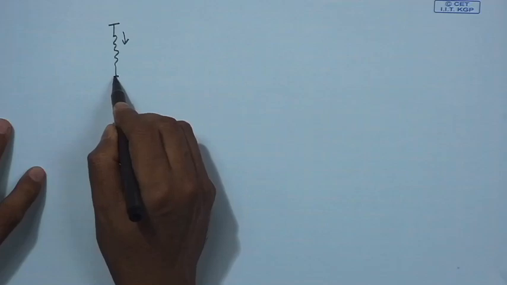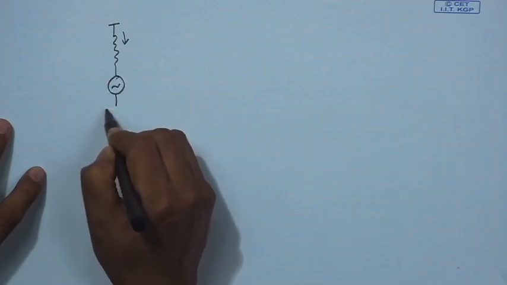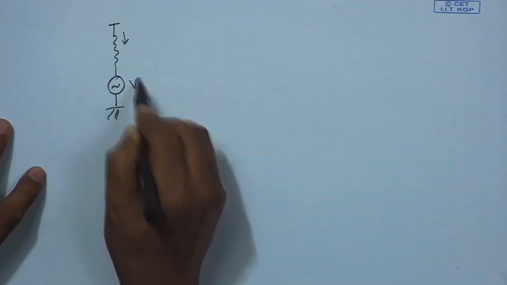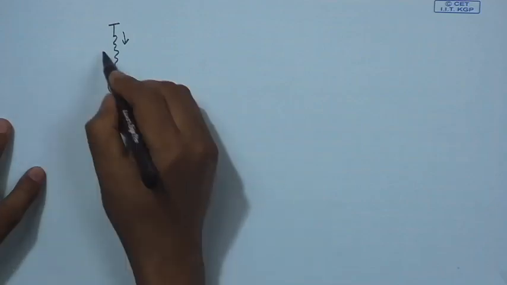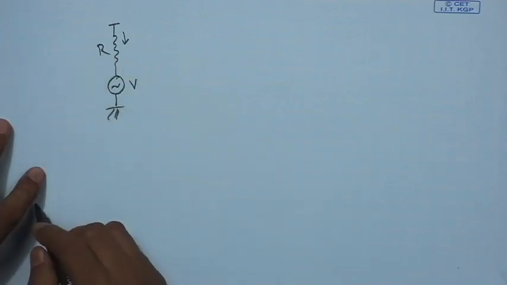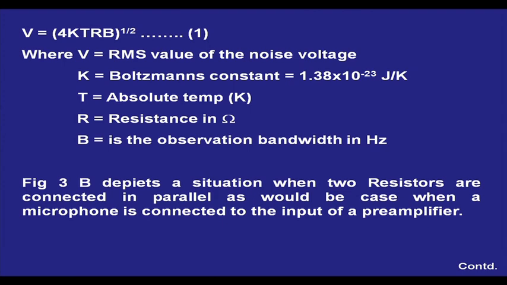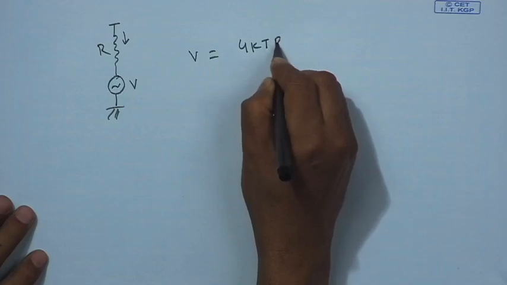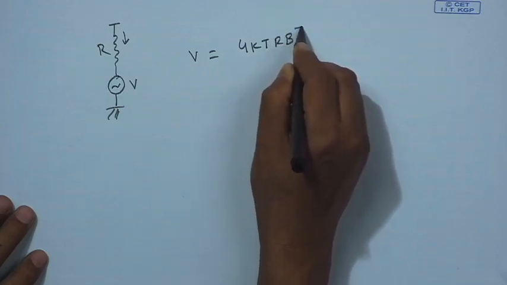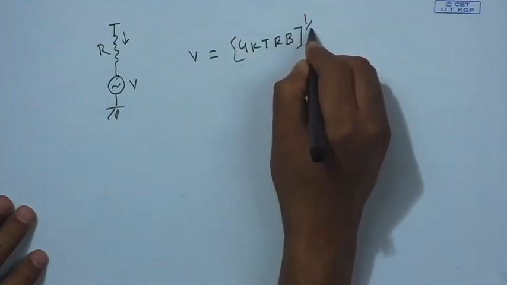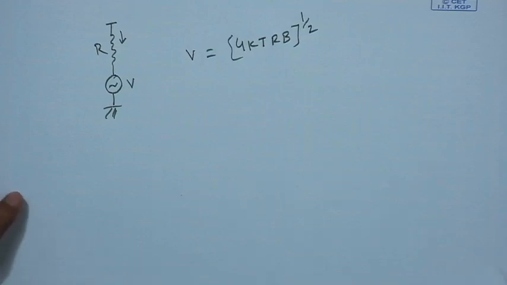So, thermal noise of a resistance can be expressed through a Nyquist voltage source V, with resistance R. Then the expression of the thermal noise V is nothing but (4kTRB) to the power half. This is the formula.